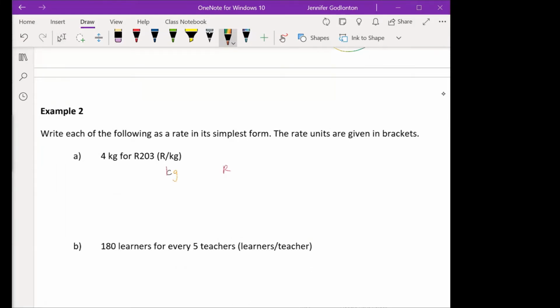It's always helpful to write your units up first because then you know exactly what you're dealing with. We've got 4 kilograms that cost us 203 Rand. And I want to know what it is. That line means per. So that's saying per kilogram, which means I want to know what it will be for 1 kilogram. And so I'm going to write a 1 under the kilogram.